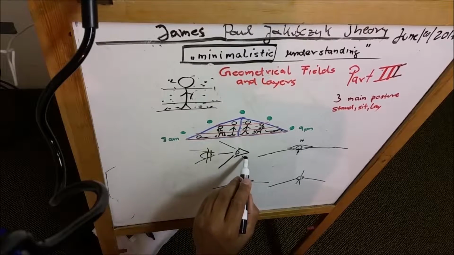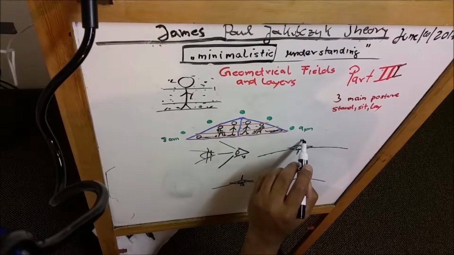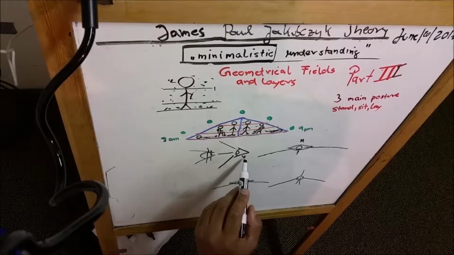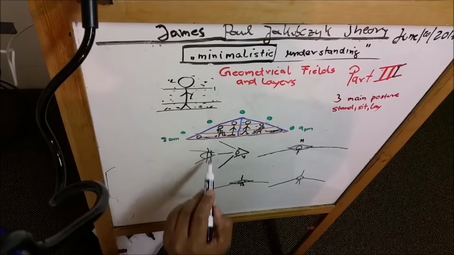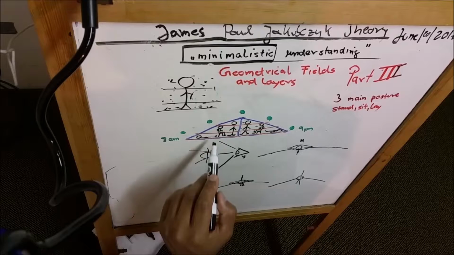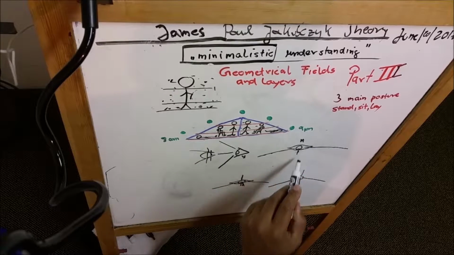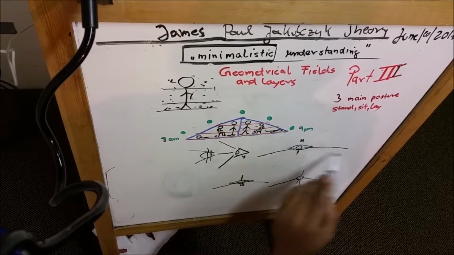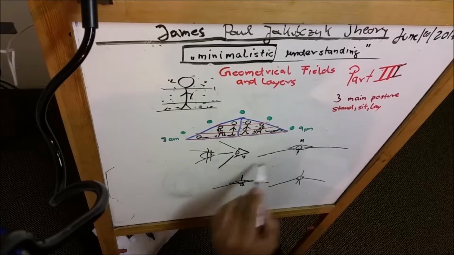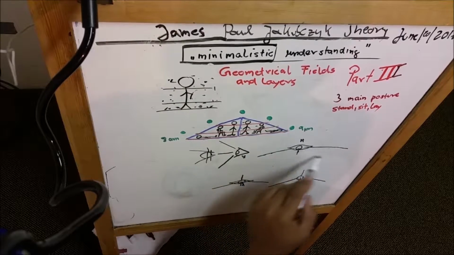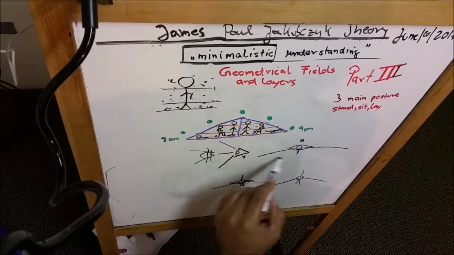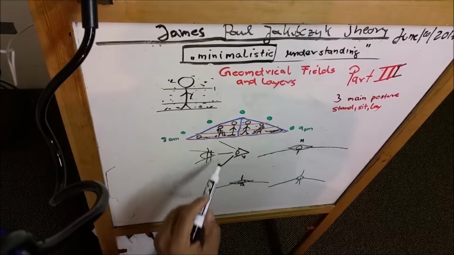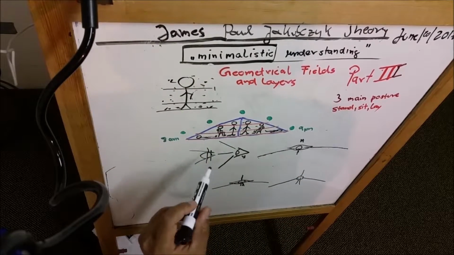What I wrote here, a little V and a little H: the V represents the vertical perception, and the H represents the horizontal. The horizontal optic perception goes left or right, and up and down is the vertical.